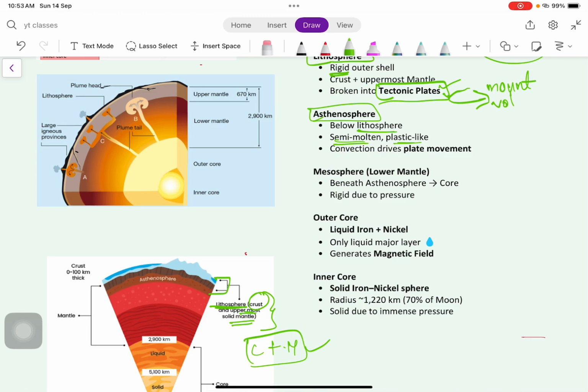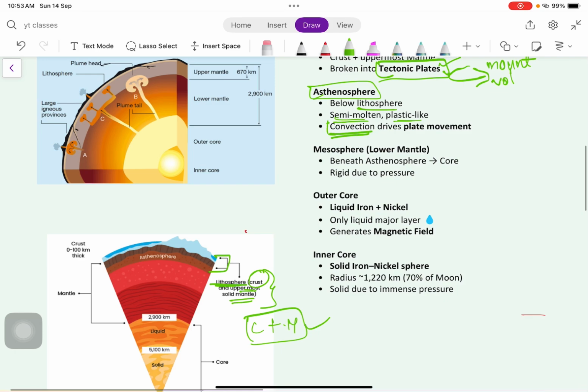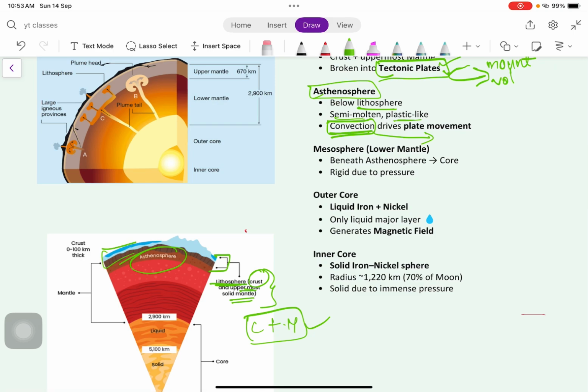And what is the driving force behind the movement of these tectonic plates? It is the convection cycle happening in the asthenosphere. The convection cycle we will also discuss in another video, okay? So this is the asthenosphere on which the tectonic plates float.